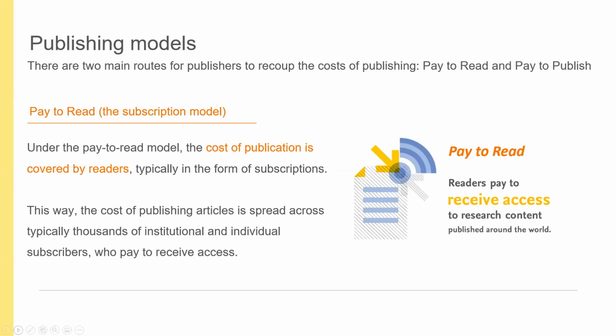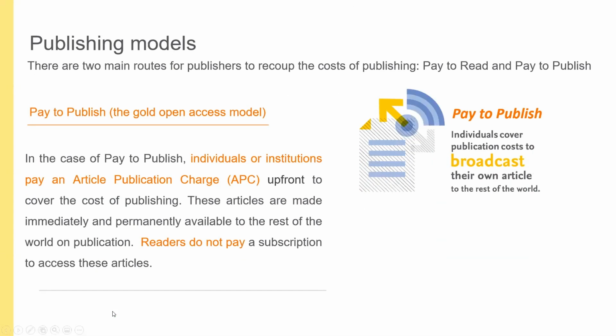This is a very typical situation: if you as a researcher search for a scientific article, you find the full text, and then there is information to pay some money to read and download it. This way, the cost of publishing articles is spread across institutional and individual subscribers, who pay to receive access. This is the first publishing model.